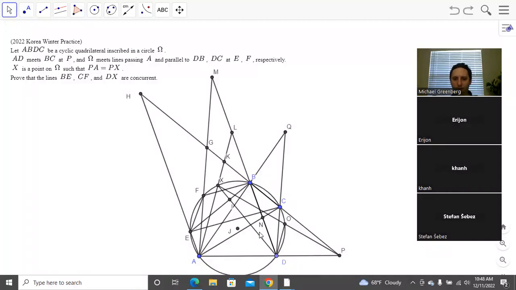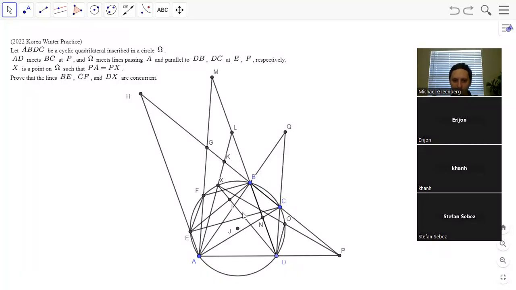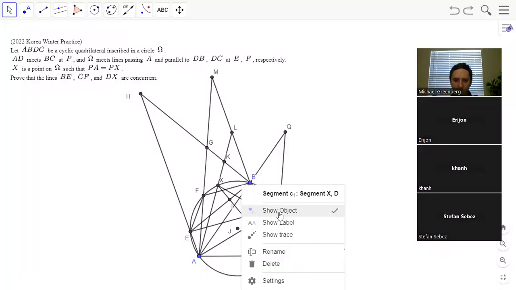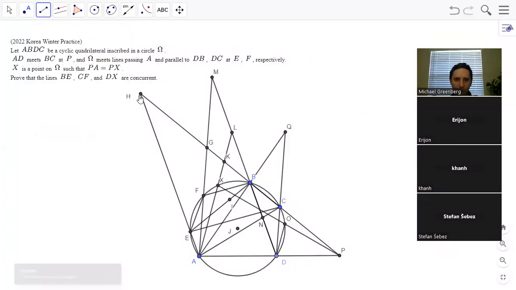So let CF meet BE at a point I. We're going to do an inversion at point I. It's going to transfer F to C, E to B, X to a point X prime, and D to a point D prime.